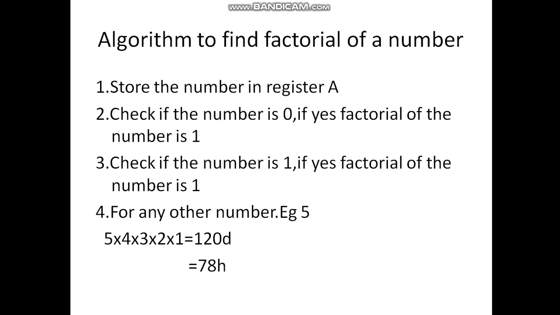Then the product has to be multiplied with 3, the product obtained is further multiplied with 2, and further multiplied with 1, and then we need to stop. The reason is that if you multiply further with 0, the answer becomes 0. We'll look into the program.